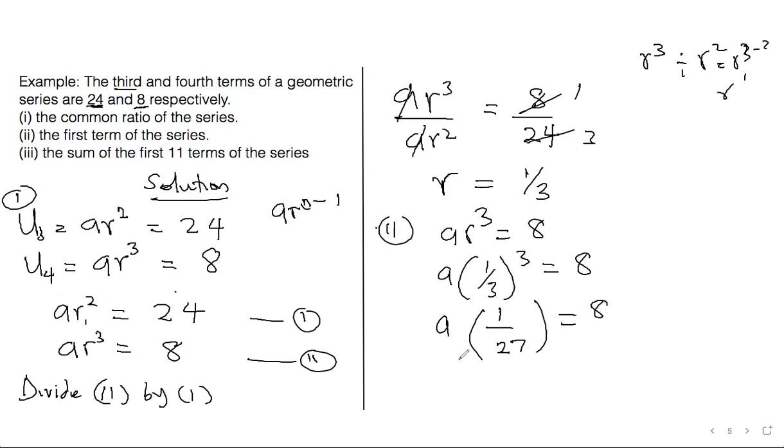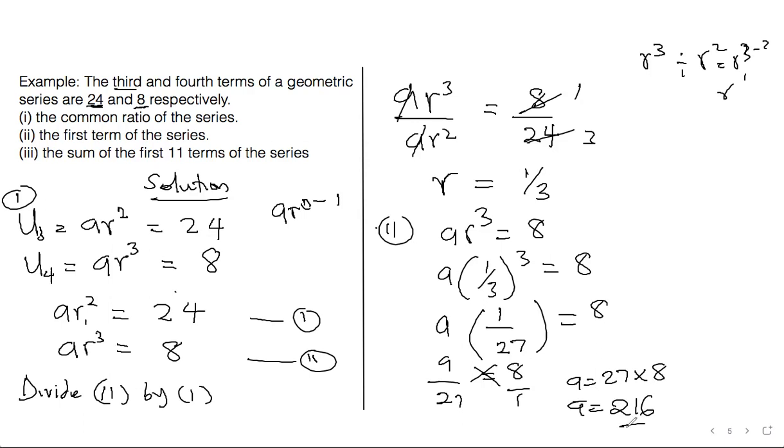So this gives me a over 27 equals 8. Put 8 over 1, then cross multiply, which means a will be 27 times 8, and a will be 216.